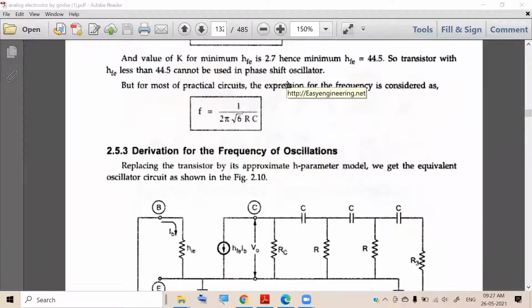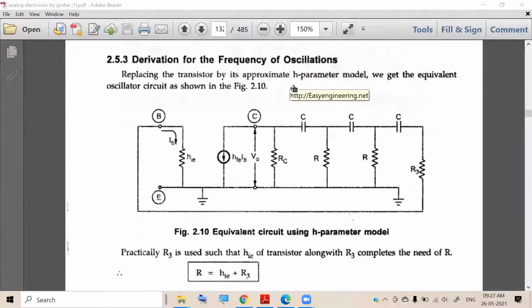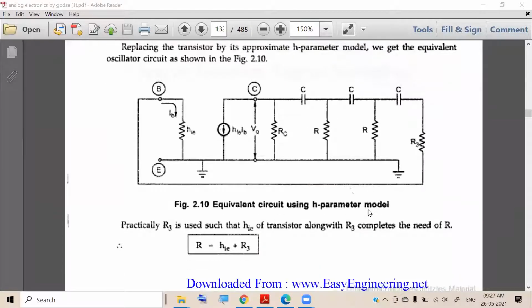In the previous class we saw this circuit, and we discussed that actually the three stages should be RC, RC, RC. But because of the input impedance, when we connect the feedback path, R3 and hie come in series. If you take R, then the equivalent becomes R plus something greater than R, so the 60-degree angle will change and the condition will not be satisfied.